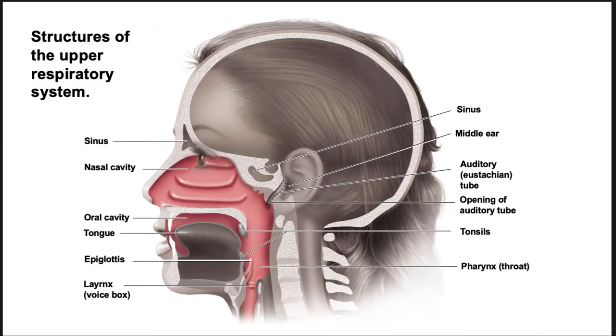Okay, so I started to talk a little bit about the lower respiratory system, so we'll go ahead and take a look at that. But real quick, just to point out, the tonsils are right at the back of your mouth, the beginning of your pharynx, your throat. Okay.